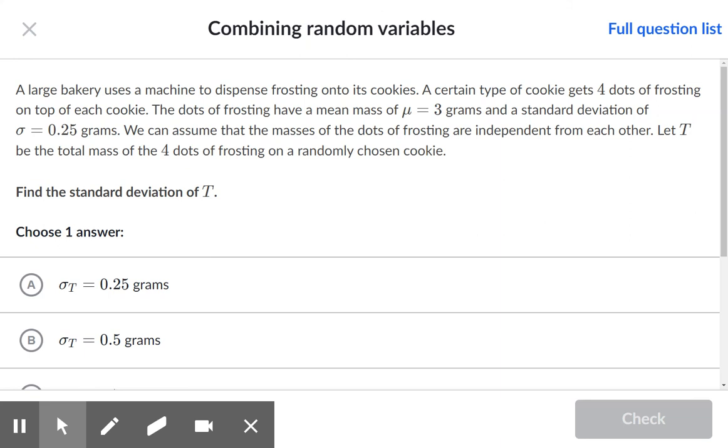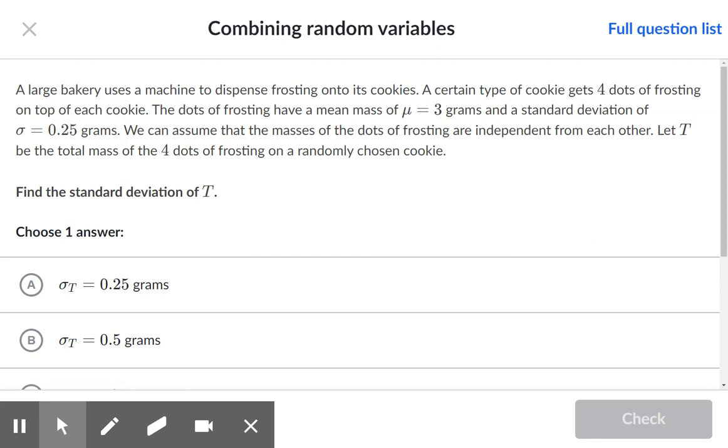So variance of T is the same as variance of D plus variance of D plus variance of D plus variance of D, 4 times, because there are 4 variables. We are combining them.